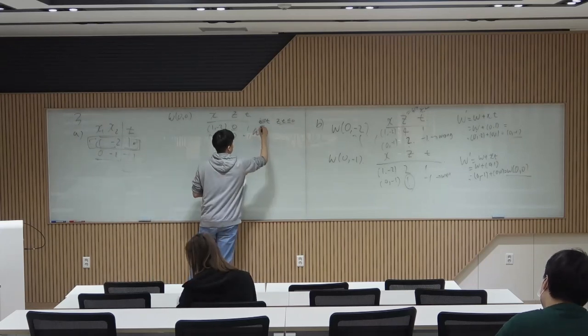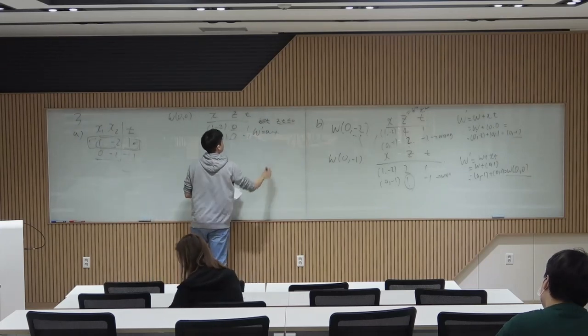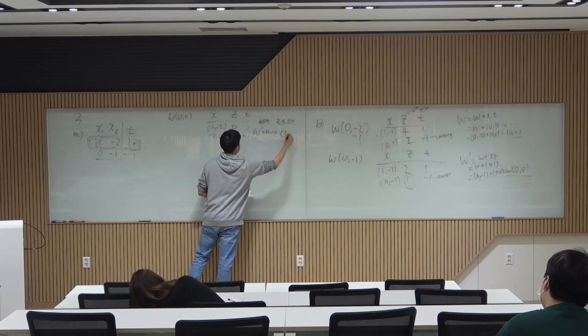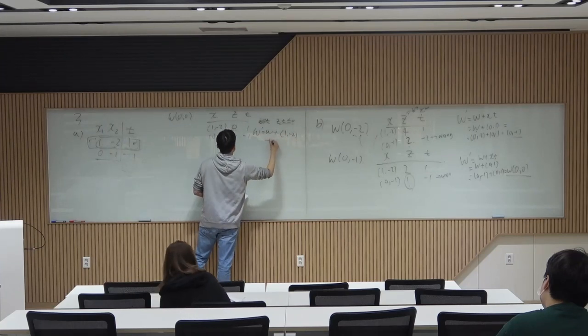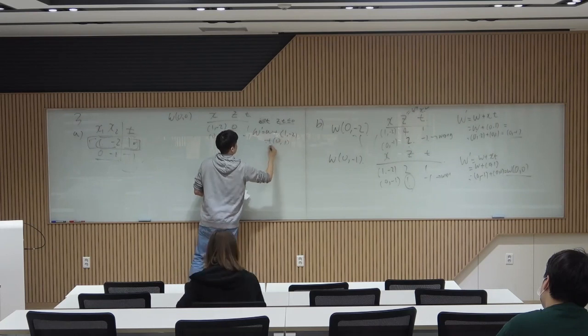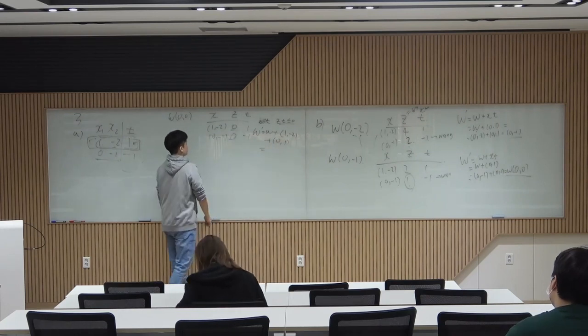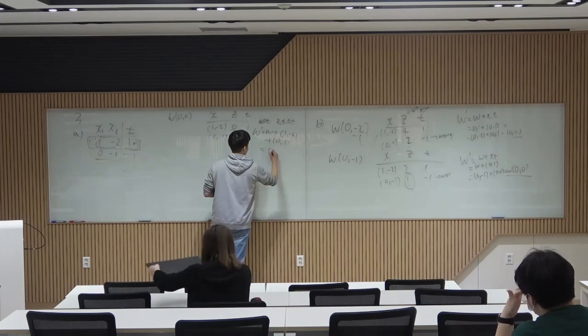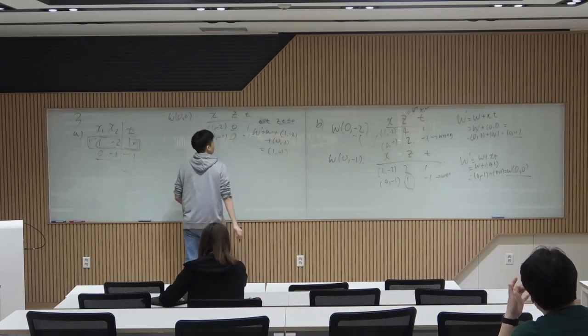Which gives us W prime is W plus x t, so x t is 1, negative 2, plus 0, 1, okay? And this gives us 1, negative 1, okay?